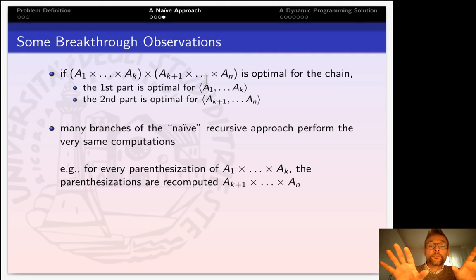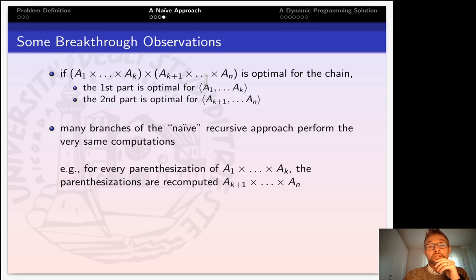Another breakthrough observation is that many of the recursive calls we need to perform to evaluate this optimal parenthesization are basically the same. Let's consider the case in which you have decided that k is the best way to parenthesize A1 to An.